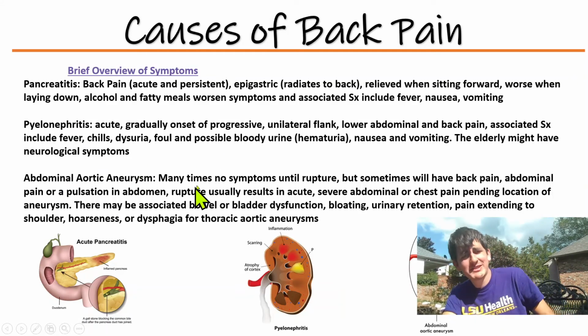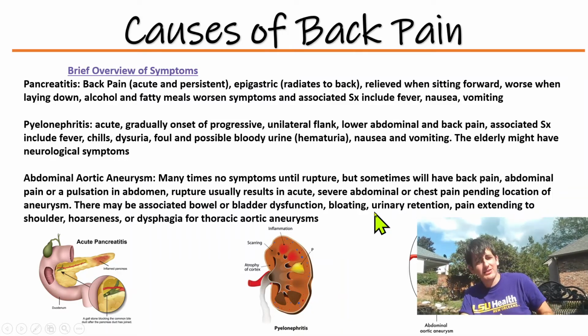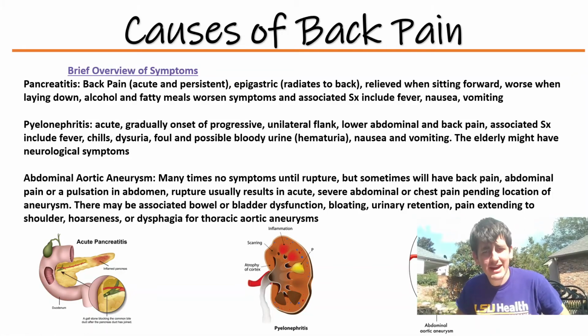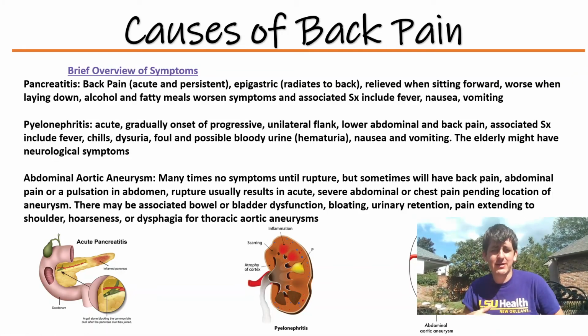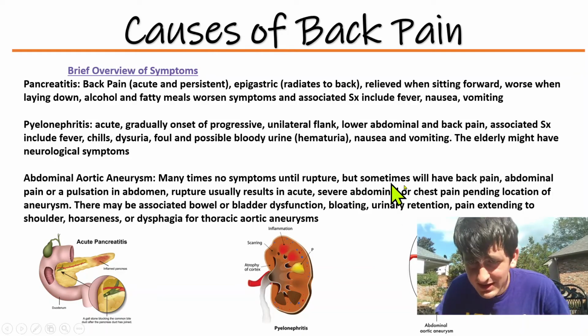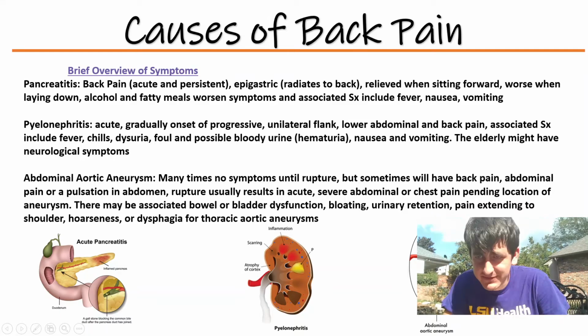So abdominal aortic aneurysms: many times no symptoms until they rupture. Then it's severe pain or instant death. Not a good thing. Just ripping pain, depending on if it's in the thoracic or abdominal aorta. Sometimes these patients will have back pain preceding rupture for a few weeks, depending on how big the aneurysm is.